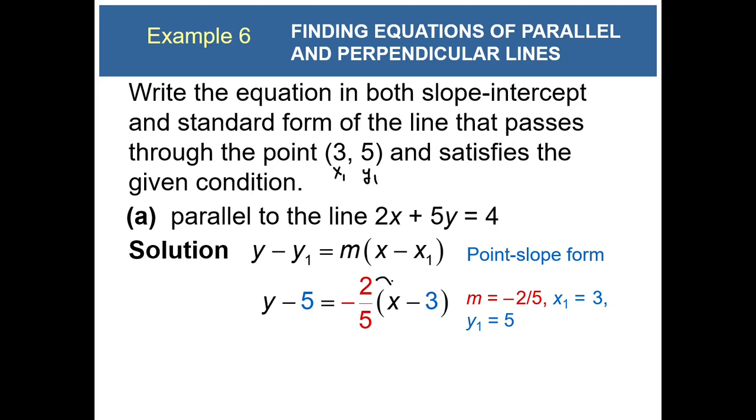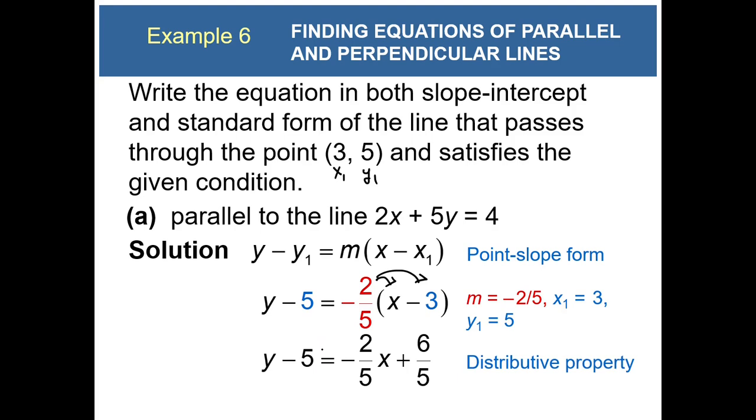We're going to distribute the -2/5 throughout the equation. So y minus 5 equals negative 2/5 x plus 6/5, because 2 times 3 gives us the 6, and the fraction had a denominator of 5, so it gives us 6/5. And this is our equation of our line.